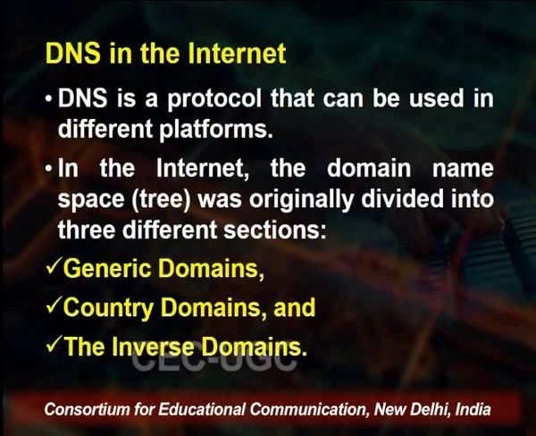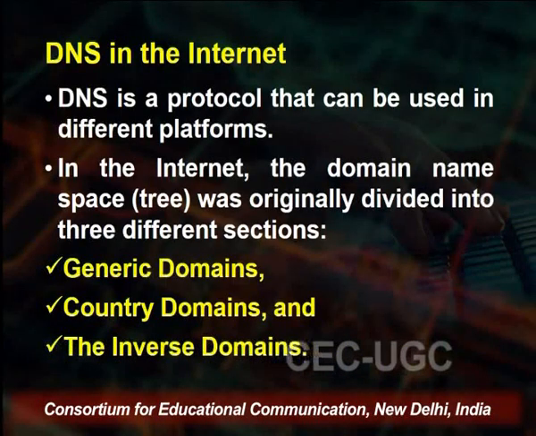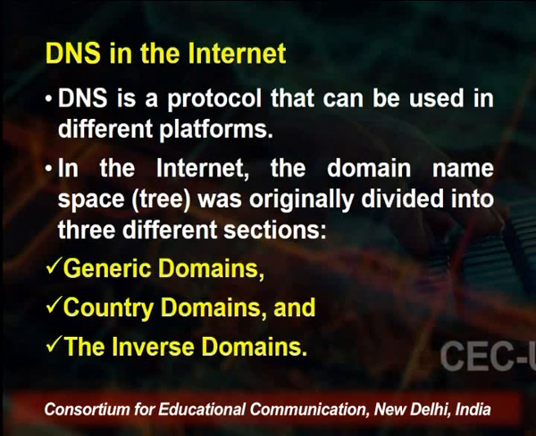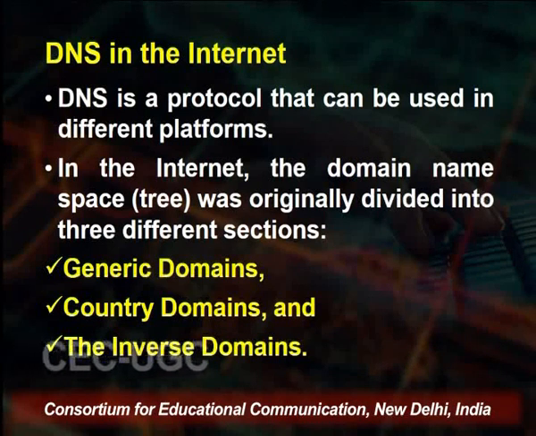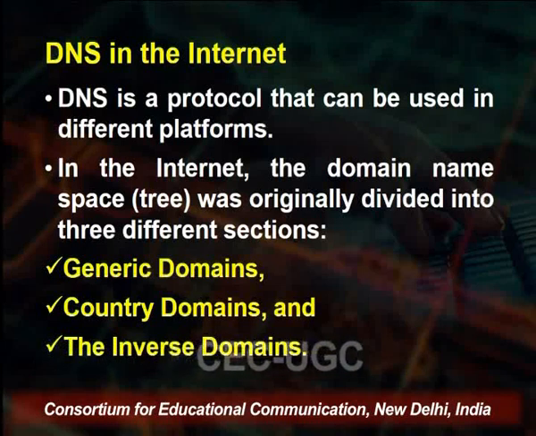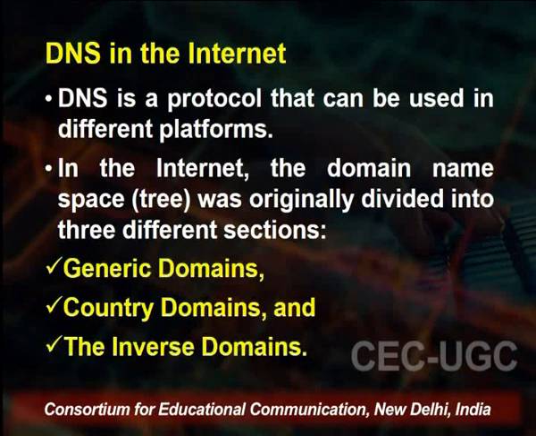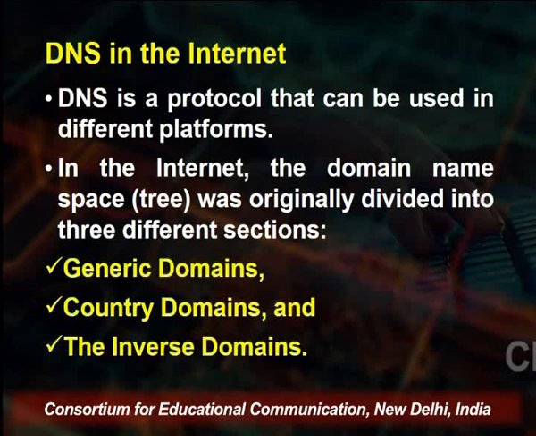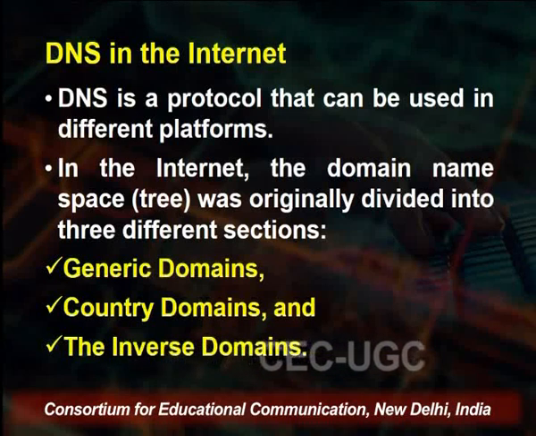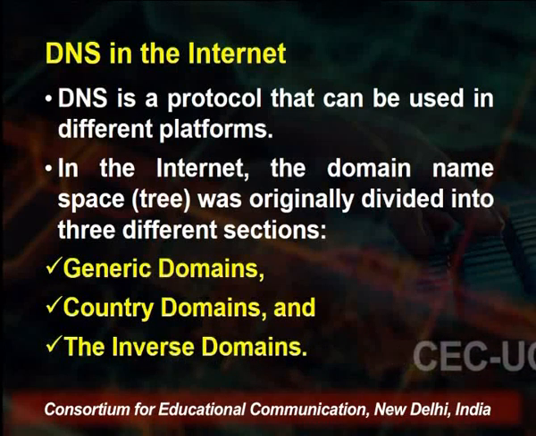So DNS is a protocol that is used on different platforms. When you consider DNS on the internet, the original tree was divided into three sections. The first section was the generic domain names, the second had the country domain names, and the third was the inverse domain.